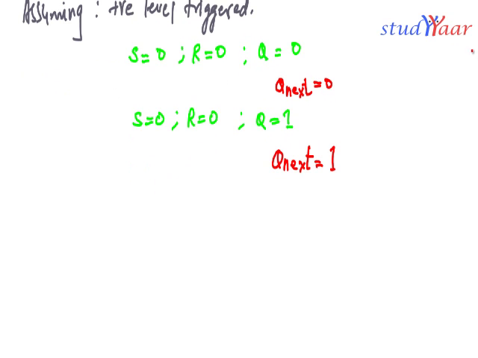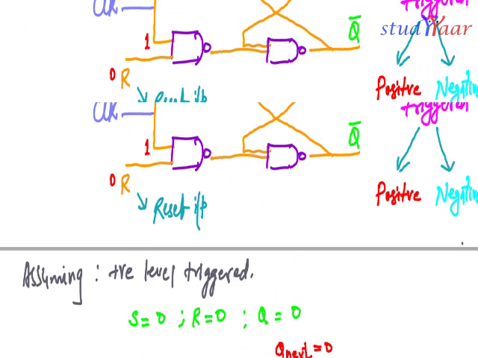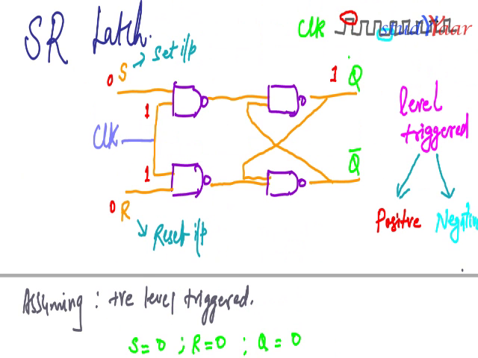Okay, this we are going to see in this scenario when S is equal to 0 and your R is equal to 1. Okay, then let's see what is happening. First I am going to see what happens when your Q is equal to 1. Okay, because my Q is already 1 over here. Okay, we are going to see what is happening. My R is 1 now.